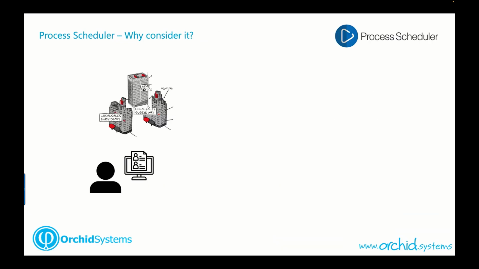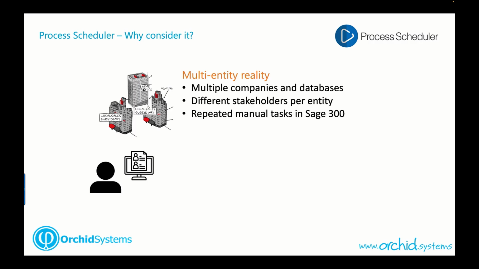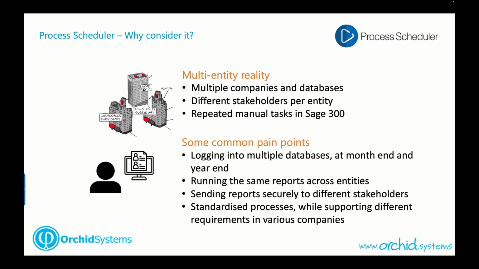In summary, what does Process Scheduler bring you in Sage 300? Particularly if you have multi-entity reality, multiple companies, multiple databases in Sage 300, you may have different stakeholders per entity, repeated manual tasks in Sage 300 that involve logging into multiple databases at month end, at year end, and during the month, running the same reports across entities with slightly different parameters, sending those reports securely to different stakeholders across various entities.